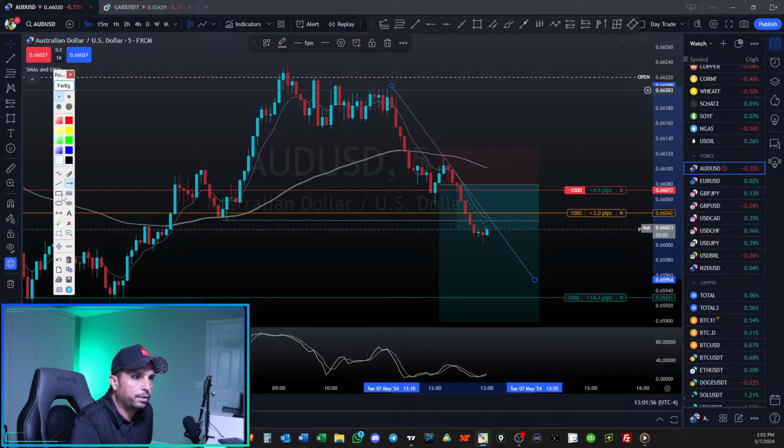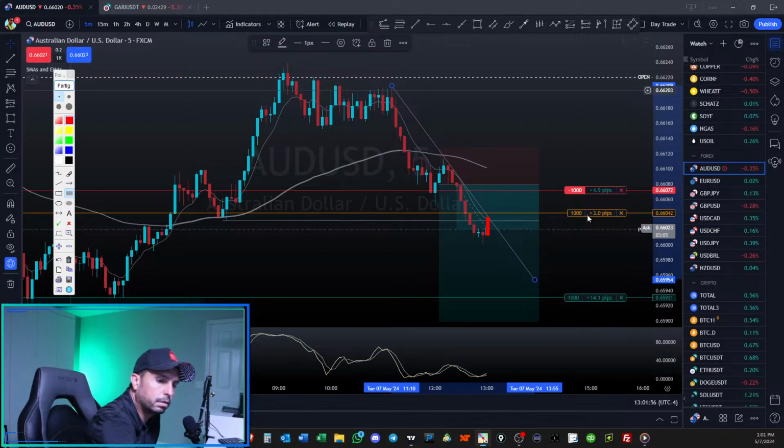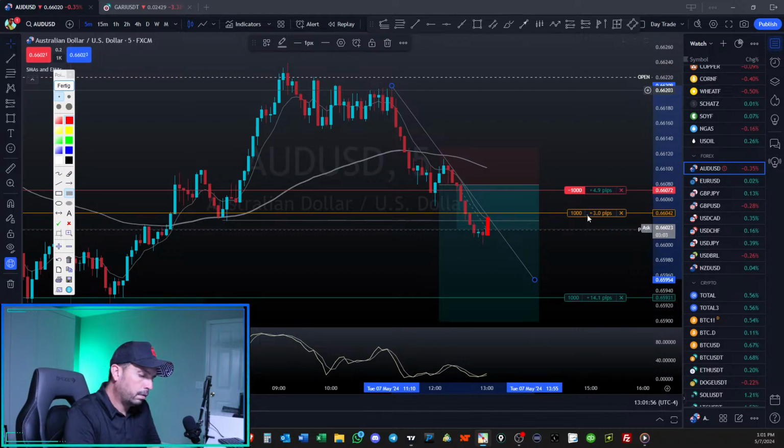So let's say a candle does this in red. Then you put the stop right there. Let the candle close, put the stop below. Hold on.